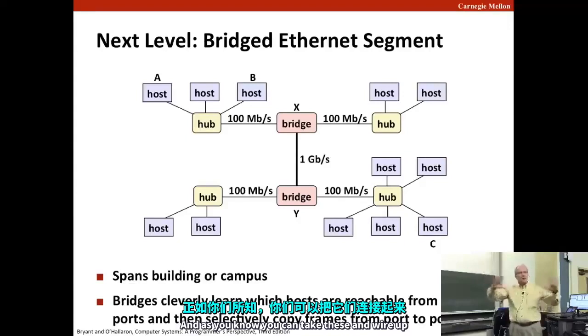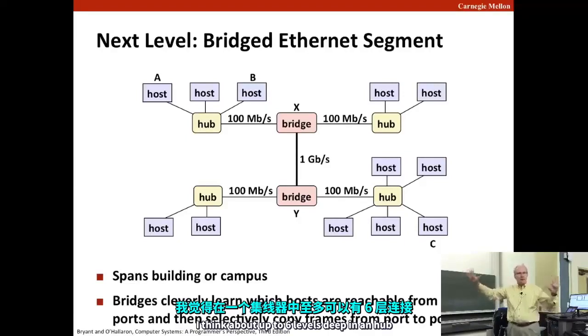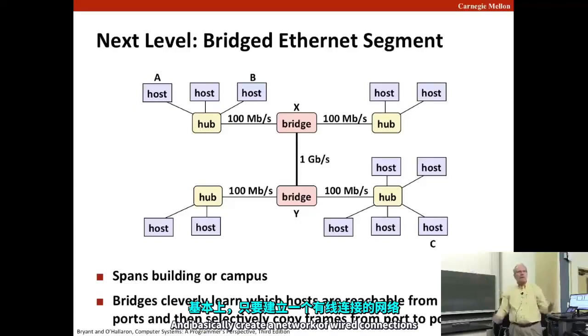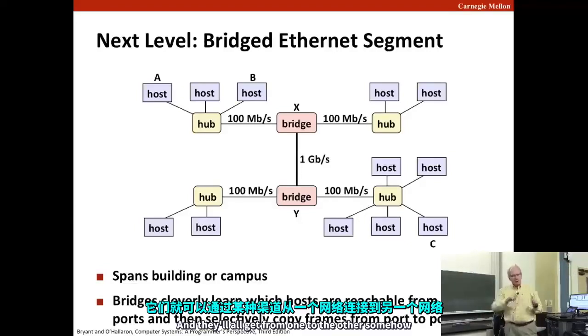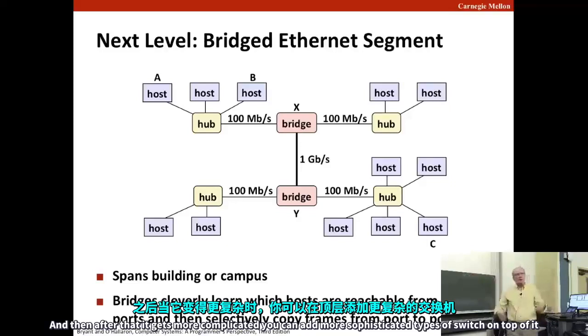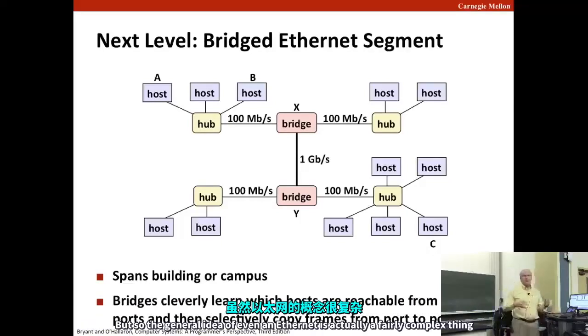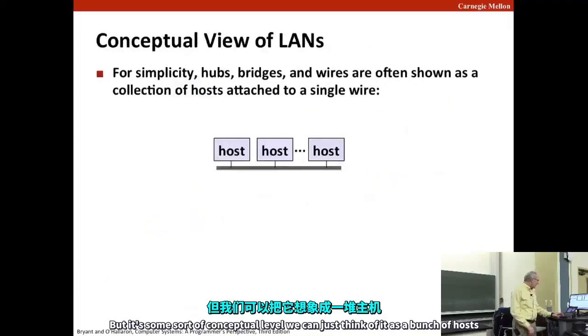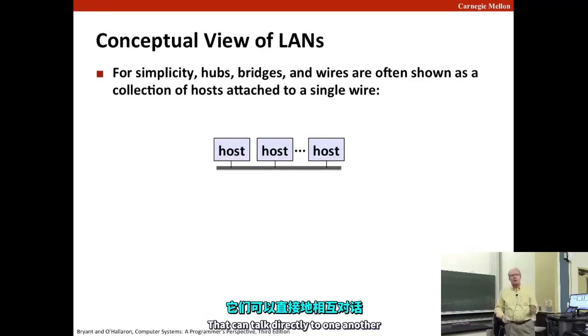And as you know, you can take these and wire up, I think, about up to 6 levels deep in hops, and basically create a network of wired connections, and they'll all get from one to the other somehow. And then after that, it gets more complicated. You can add more sophisticated types of switching on top of it. So the general idea of even an Ethernet is actually a fairly complex thing. But at some conceptual level, we can just think of it as a bunch of hosts that can talk directly to one another.